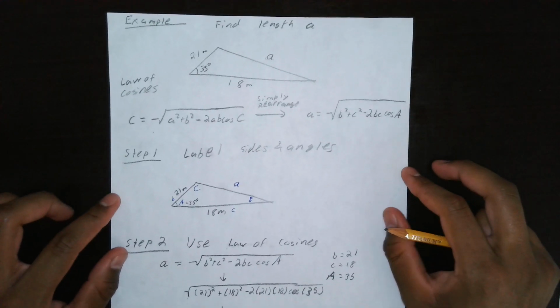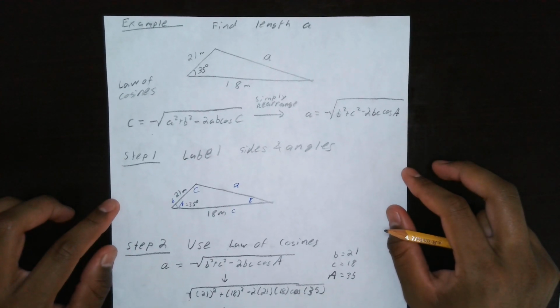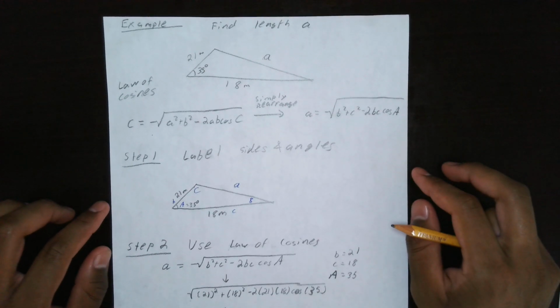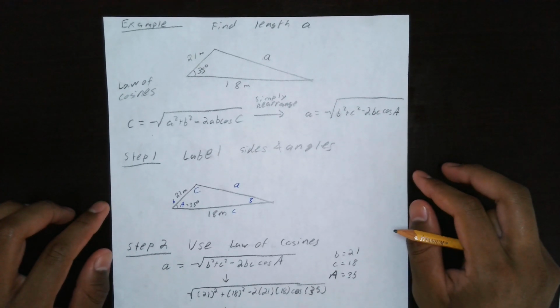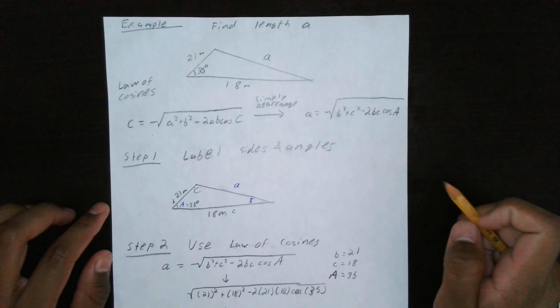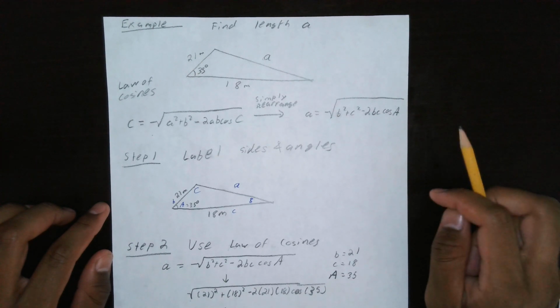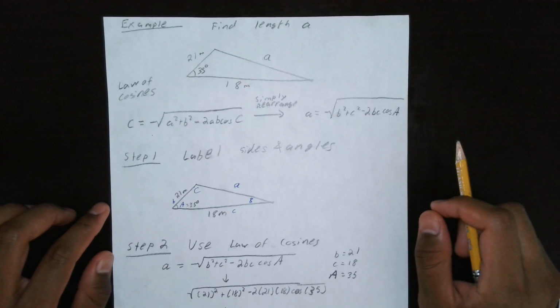Let's see another example. Find the length of side A. This time, we're going to use the law of cosines because it'll be very easy for us. We're just going to be plugging in numbers for this one.